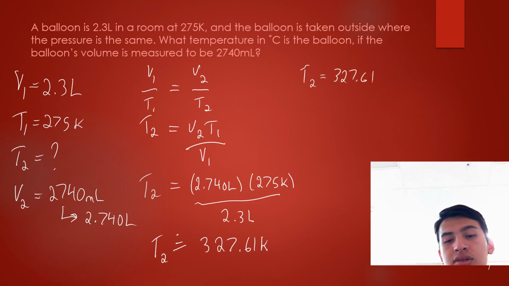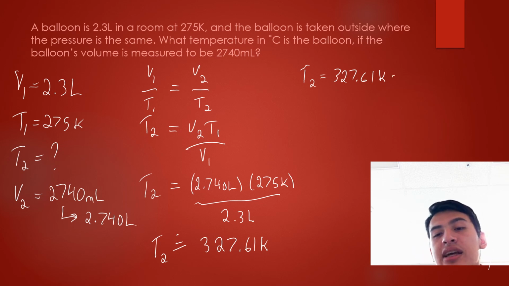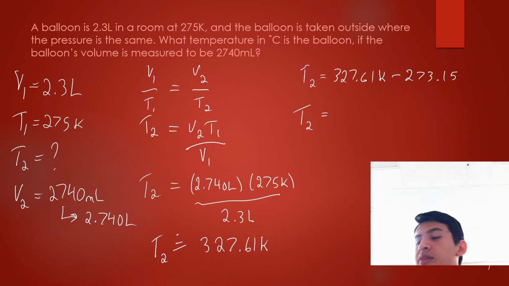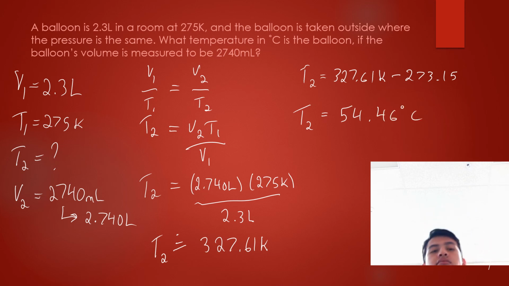If you don't remember how to convert Kelvin to degrees Celsius, remember that you're only adding or subtracting 273.15. This is in Kelvin, so to get back into Celsius, I'm going to subtract 273.15. That means my temperature 2, as my final answer, will be 54.46 degrees Celsius. Okay, thank you for watching the note on Charles's Law.